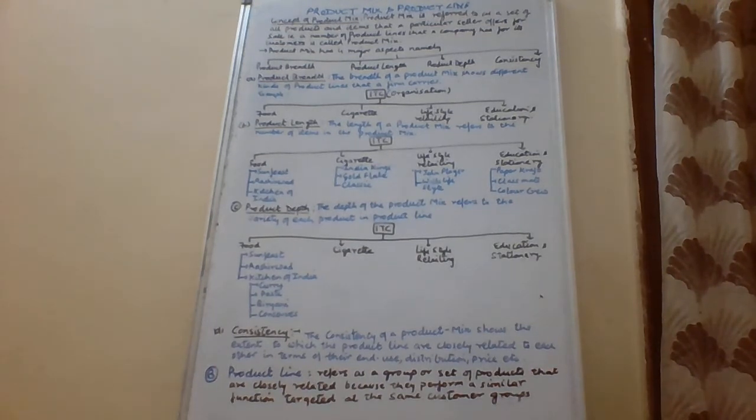The dimensions of product mix serve as a guide to decisions regarding the additions or deletions of product items or product lines. So this helps us: if a product is going well for the organization in terms of sales and generating revenues, those product categories can be boosted up.